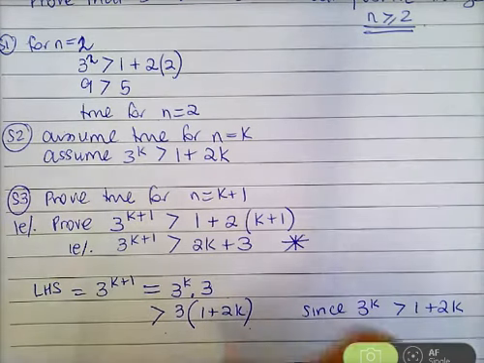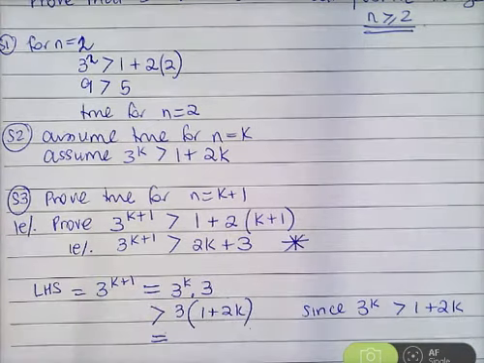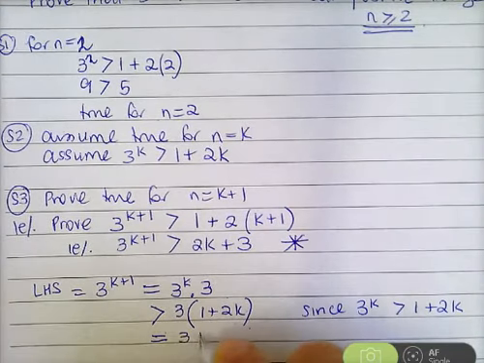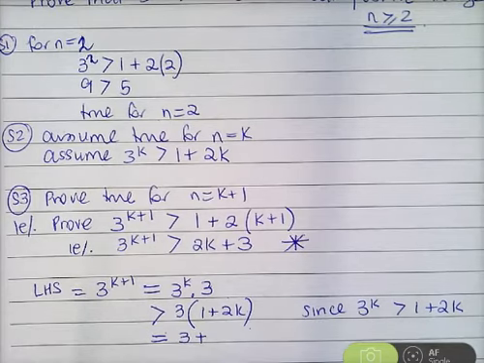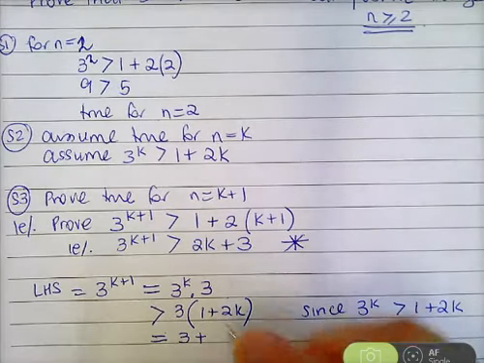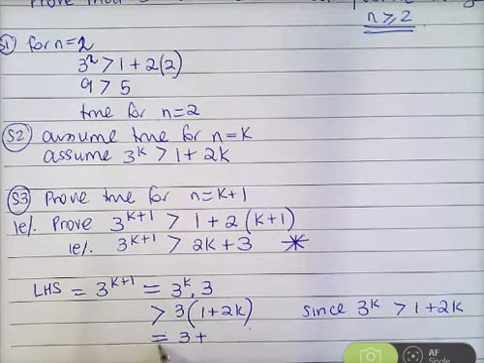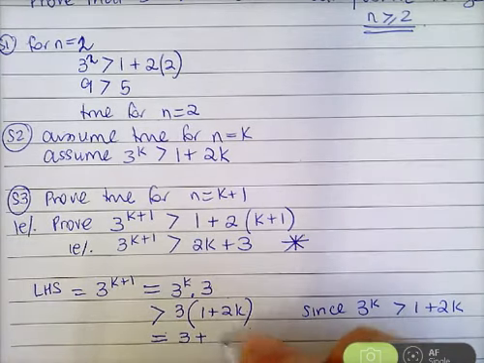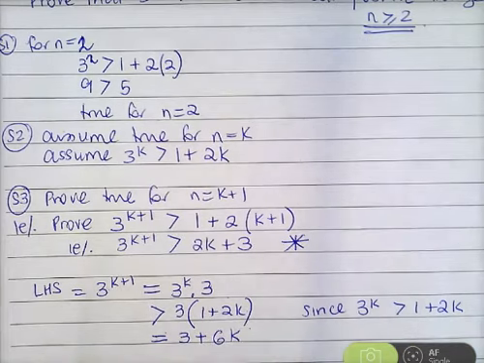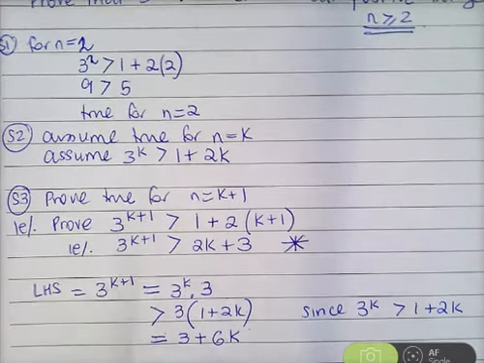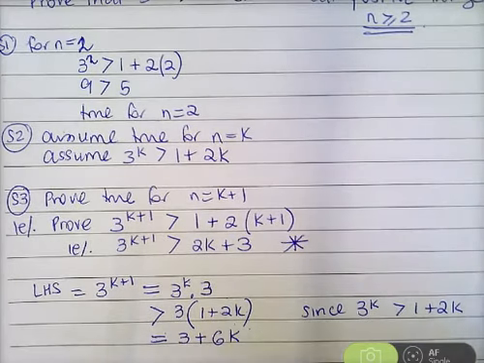Now, that equals, I'm writing equals now because I'm just expanding this. That equals 3 plus what? Do you know why I'm putting equals on the next row? Because what I'm writing on this row equals what's above it. Equals 3 plus 6k. Wait a sec, because 3 times 2k.